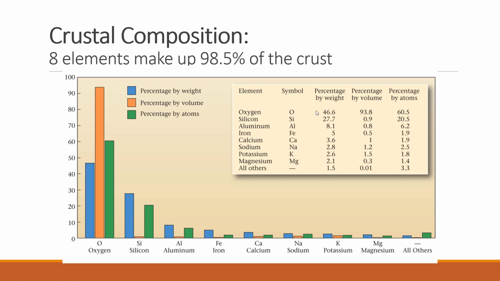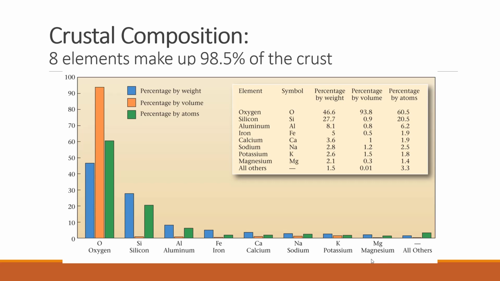So these 8 elements make up 98% of the crust. Again, oxygen and silicon are found in most of the crustal forming minerals. They're called silicates, and then we have different combinations of other elements with them. So elements like iron, magnesium, aluminum, potassium, sodium, calcium, etc. These are going to combine in different ways.